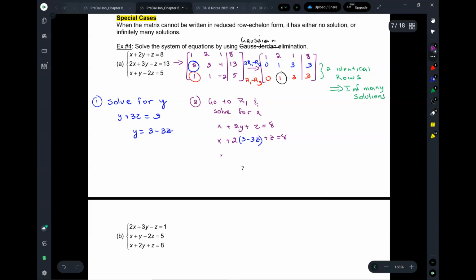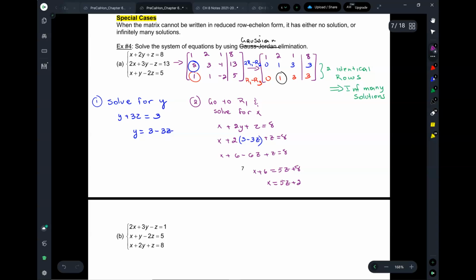So here we have x plus 6 minus 6z plus z is equal to 8. x plus 6 is equal to, how many z plus 8? 5z plus 8. So x is 5z plus 2. Right?